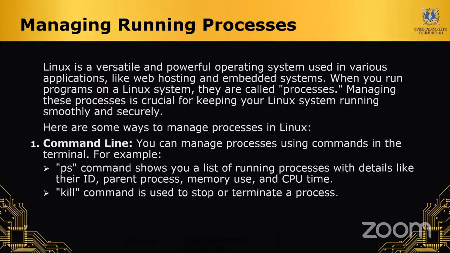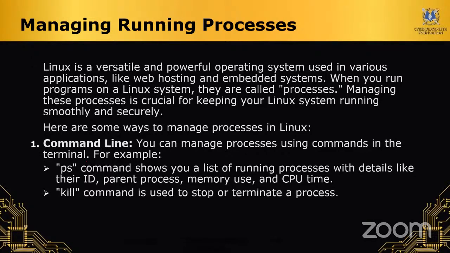The basic syntax for the kill command is: first we type kill, then we give the PID. We have already seen the PIDs of the processes. We can simply kill a process or we can give signals to the processes.